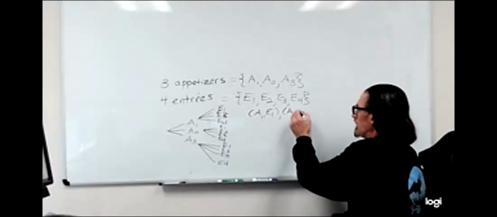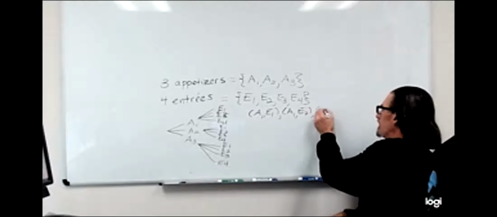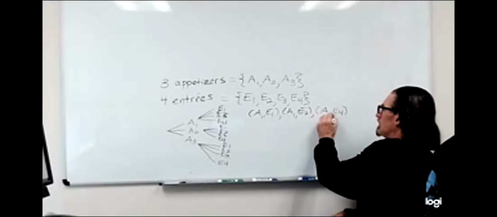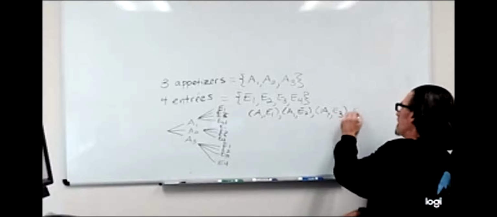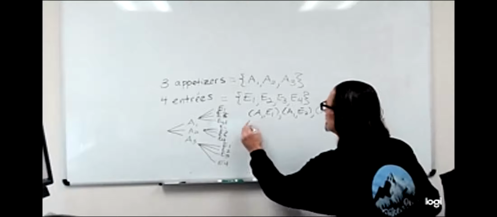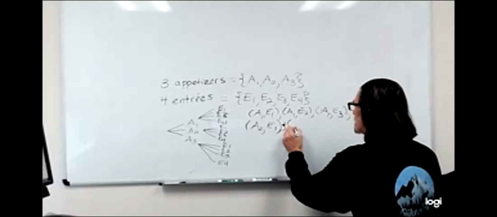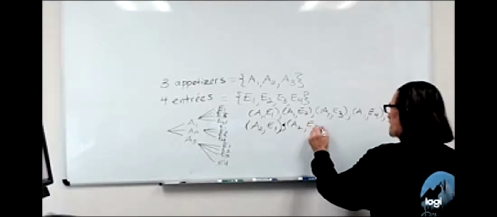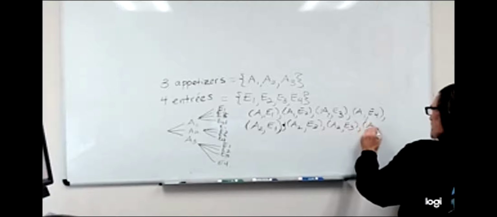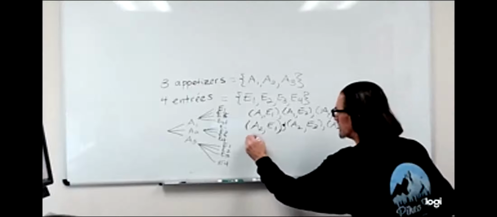So what I'm going to show here is all the ways that the first appetizer could have been chosen, followed by all the ways that the second appetizer could be chosen. And finally, all the ways that the third appetizer could have been chosen.